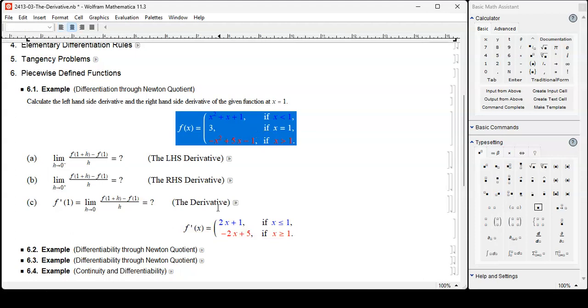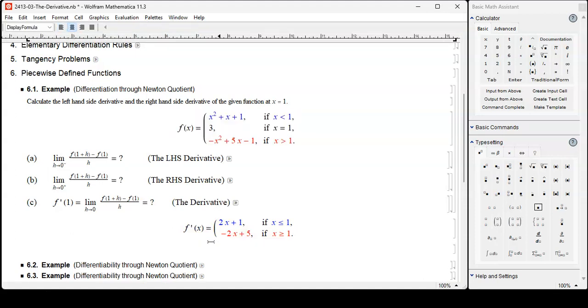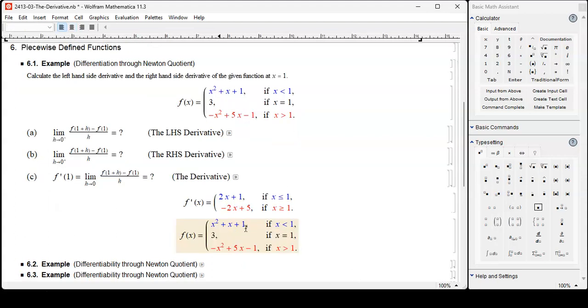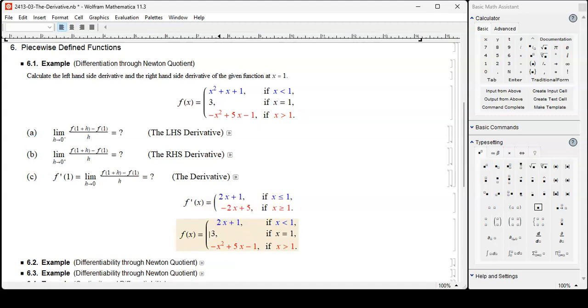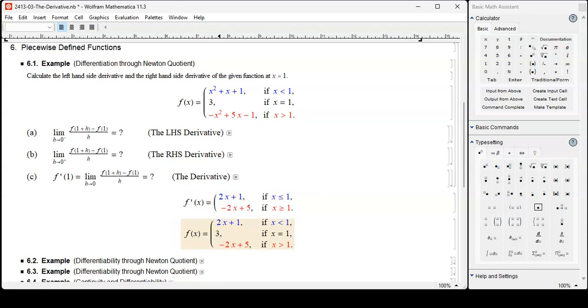Maybe I'll rewrite like this. Yeah, 2x plus 1. And then negative 2x plus 5. And let's remove some space here. And then that's for f prime.